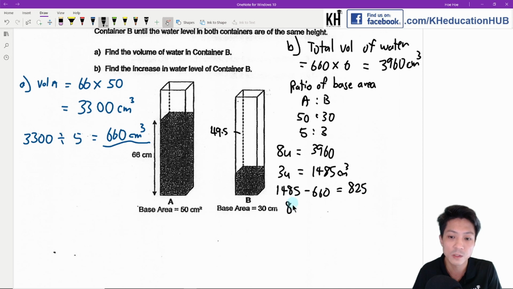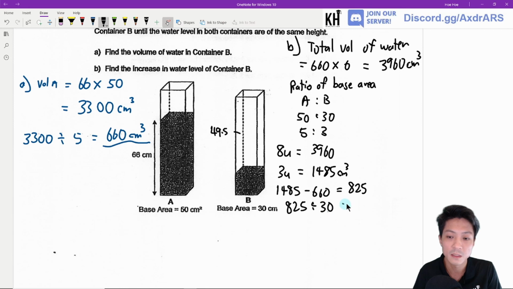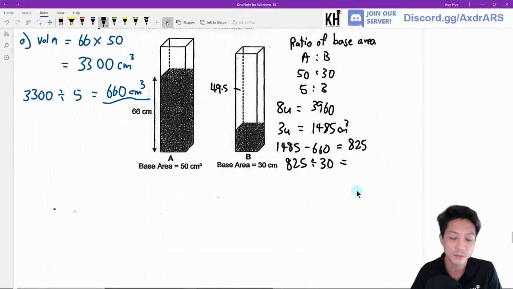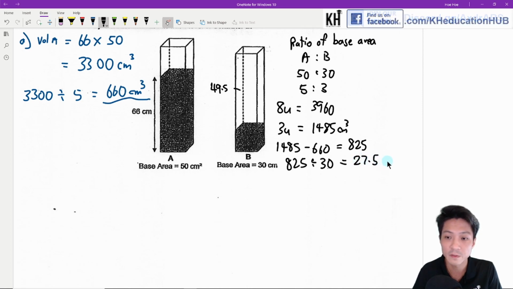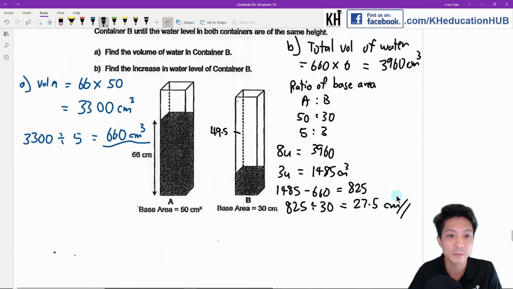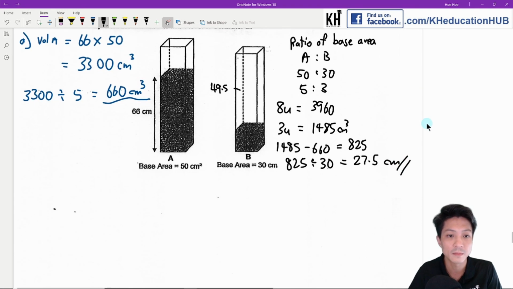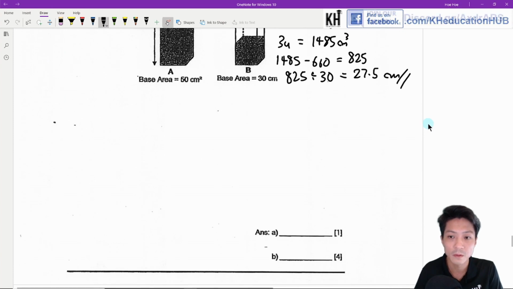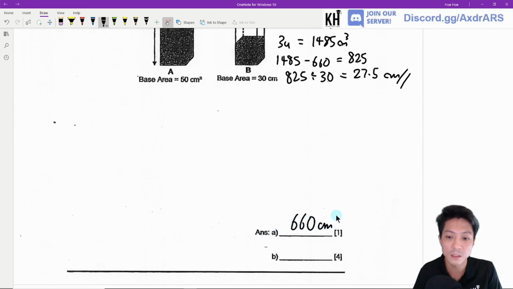Then after that I use 825 divided by 30. That will be 27.5 centimeter. This will be the answer for part B. So the answers are 660 and 27.5.